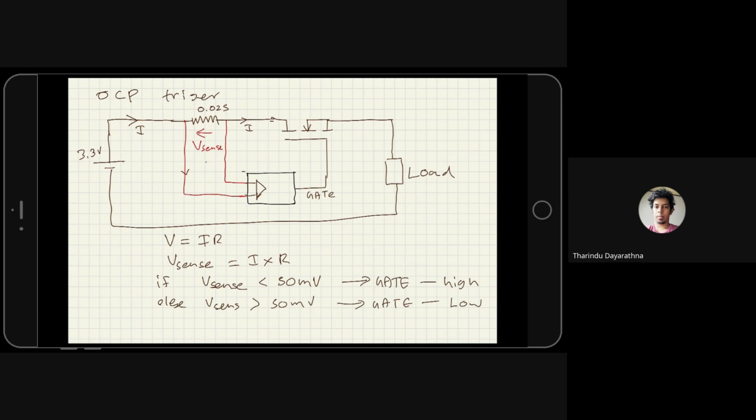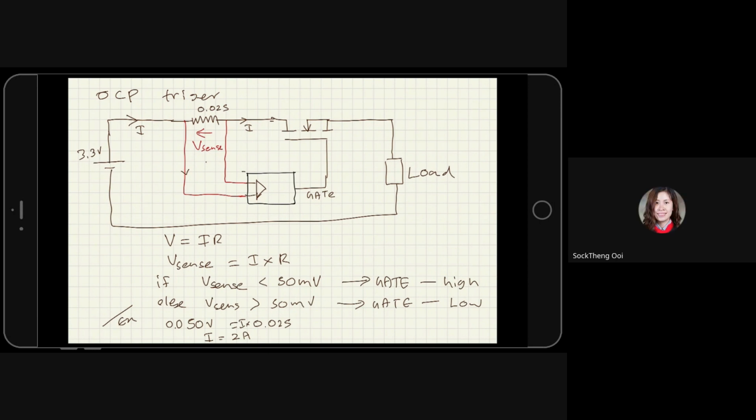Okay, for example, I'll take this R value. So for V sense I put 50 millivolt. 50 means 0.05 volt, and 0.025 is the R value, like this. So I is 2 ampere. Okay, understand that one?